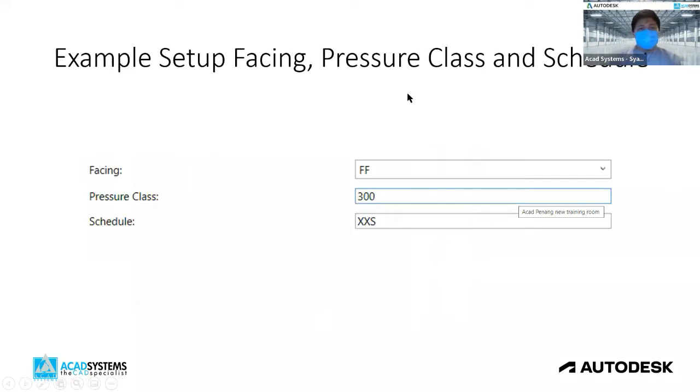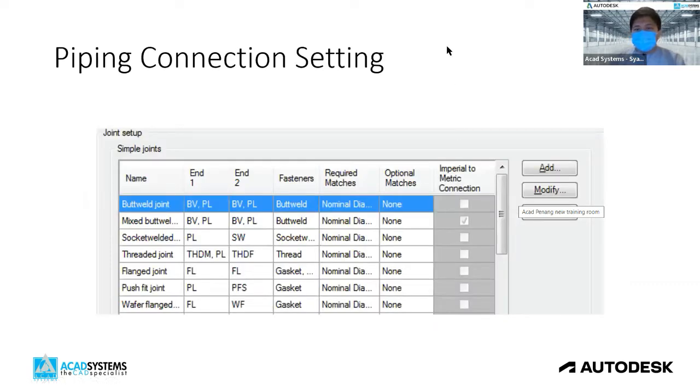This is an example of the setup for facing, pressure class, and schedule: facing FF stands for flat face, with pressure class 300 and schedule XXS. This is the general idea of the pipe connection. When you want to start creating the spec later, you need to know for each item what facing, what pressure class, and what schedule it uses.